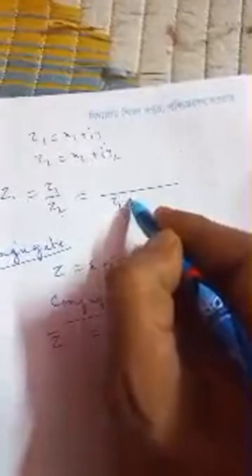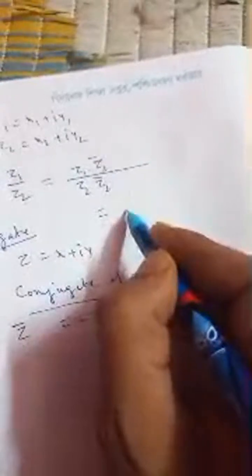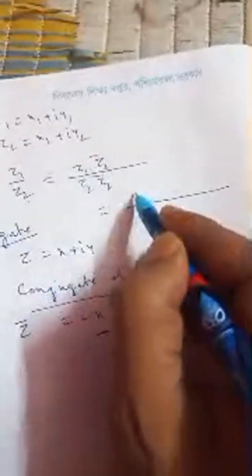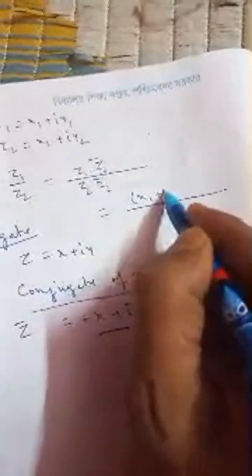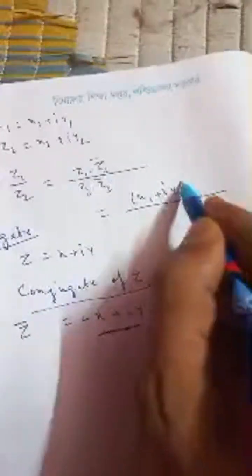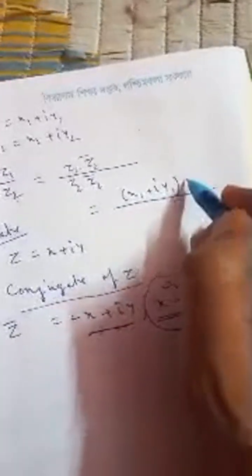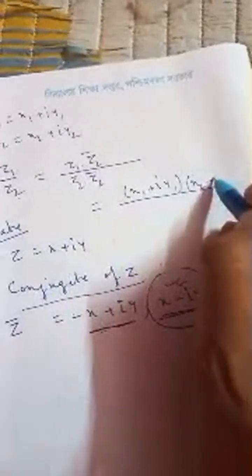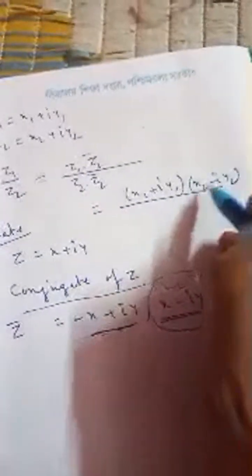So we will take z2 bar, z1 by z2 bar. So this will give us x1 plus iota y1 times x2 minus iota y2.